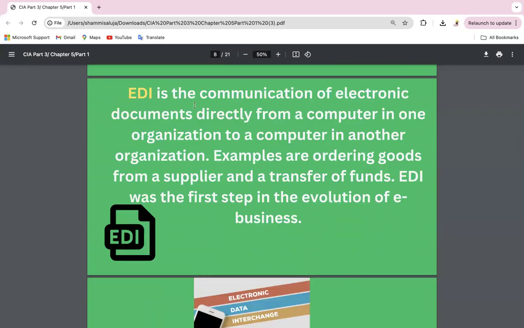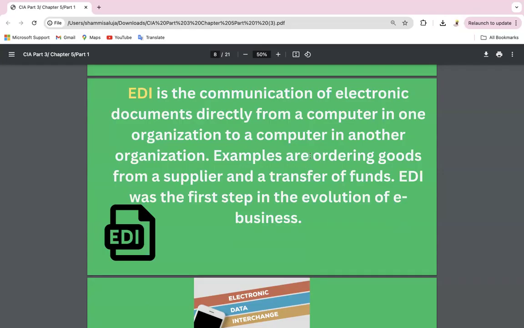Next comes electronic data interchange. What does that mean? If there is a communication of documents electronically from one organization to another, the information is shared for the documents, and it is referred to as electronic data interchange. In layman terms, if the data is communicated electronically from one organization to another, it is electronic data interchange.